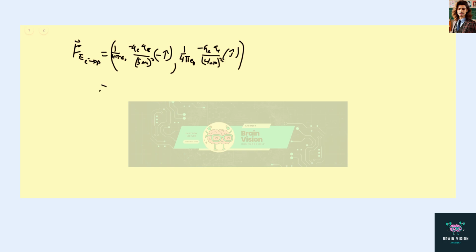Okay, so then what does this come out to be? This comes out to be negative 9.23 times 10 to the negative 12 newtons in the negative i hat direction, comma, with negative 1.44 times 10 to the negative 11 newtons in the j hat direction.